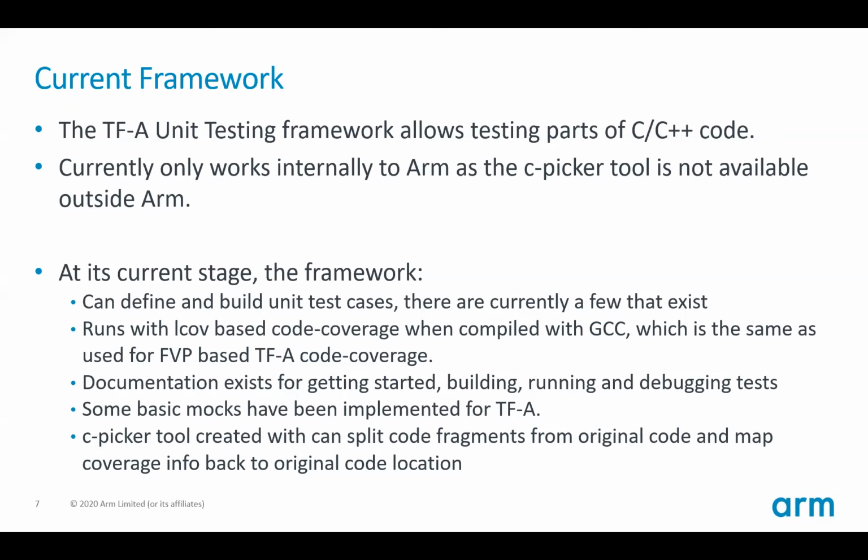There's documentation for getting started, building, running, and debugging tests, and we already have some mocks that have been implemented for TF-A. And then we also have the new C-Picker tool, which can split code fragments from original code and map coverage back to the original code location.